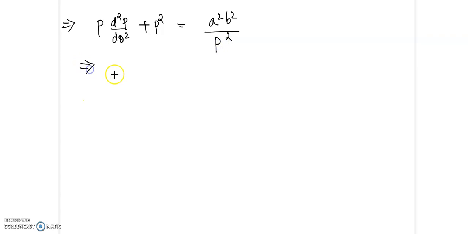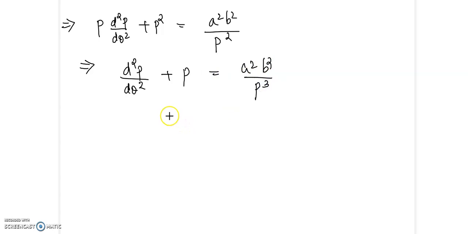So therefore we get d square p by d theta square plus p equal to a square b square by p cube. So that is the required result.